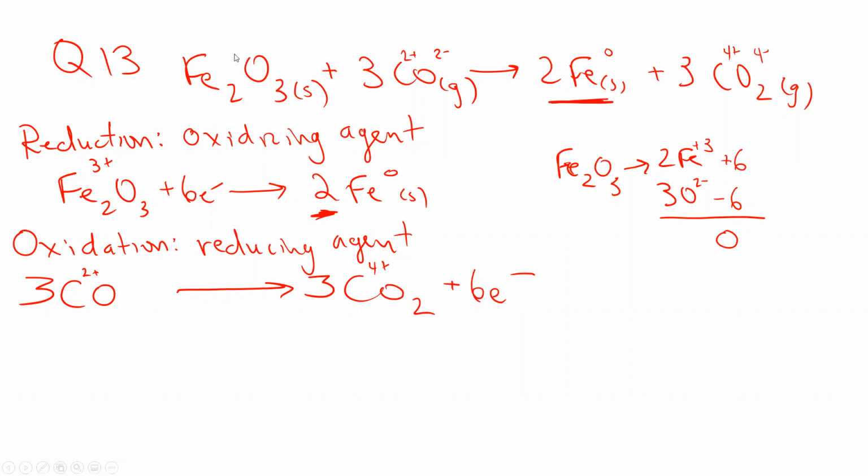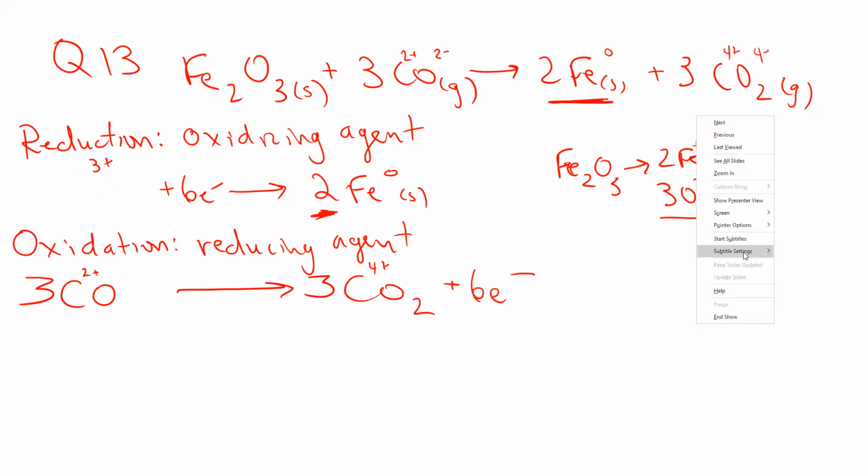Why do you put the iron oxide in the half reaction place? Why don't you just write the iron? Yeah, I could have, and I thought about going back and erasing that. So you're saying just writing it as 2 iron 3+ gains 6 electrons total to go to iron 0.